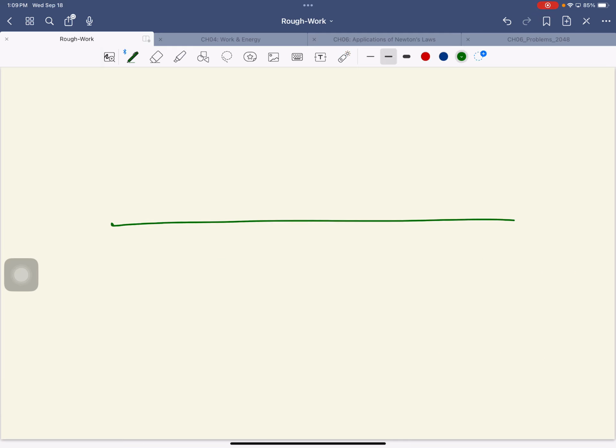So for rubber on concrete, why would we be interested in this? Your car tires are rubber, roads are concrete. That's one application. Mu s is equal to 1, mu k is equal to 0.8.